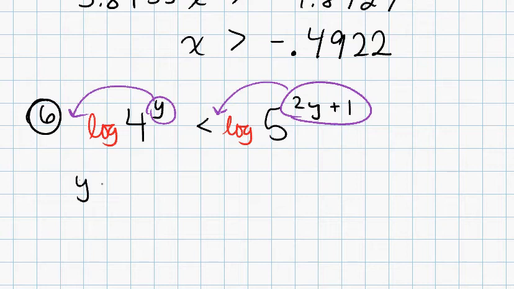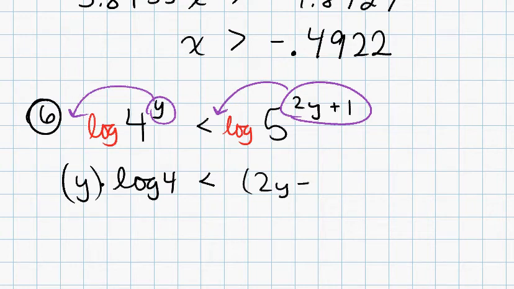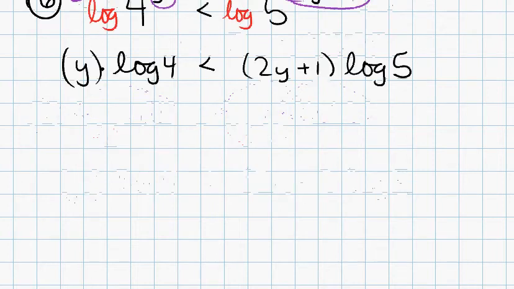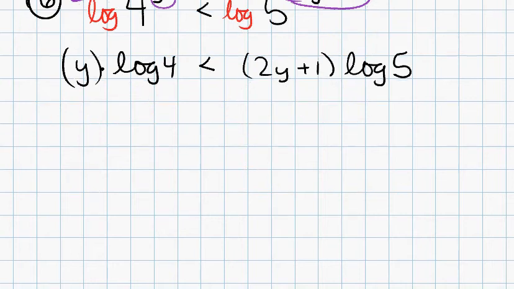So y times the log of 4 is less than 2y plus 1 times the log of 5. We want to get the logarithms on the same side so that our division problem comes out nicer and our rounding has less of an error. So it doesn't matter which one you divide by, but I'm going to divide by log 4.